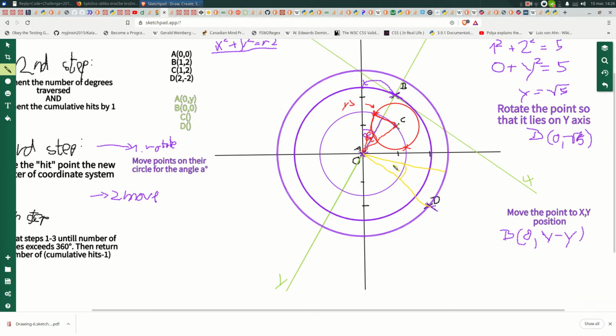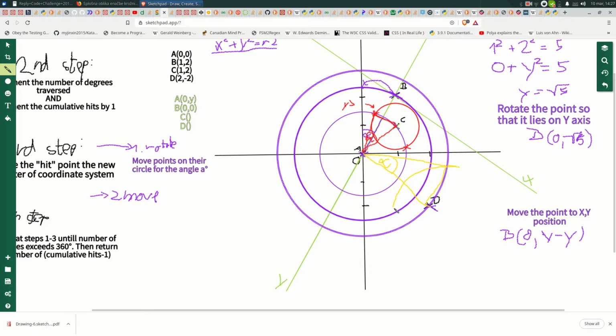I think alpha is bigger in that case, so I guess that's alpha, and we calculate this radius, and then we make a circle.